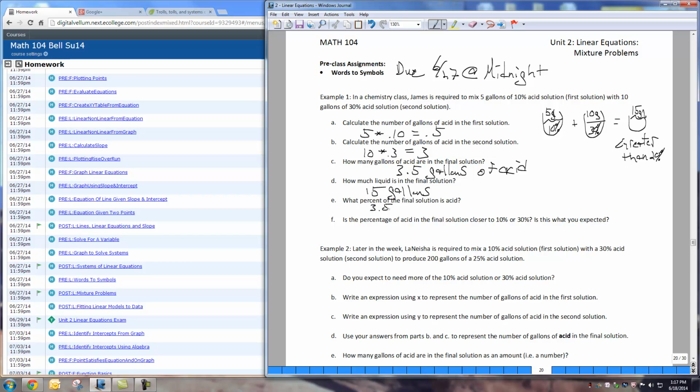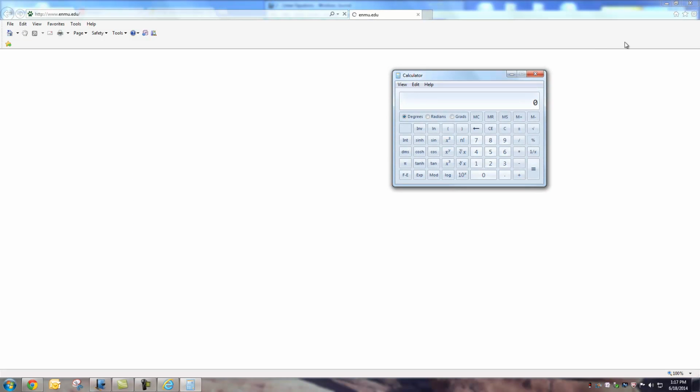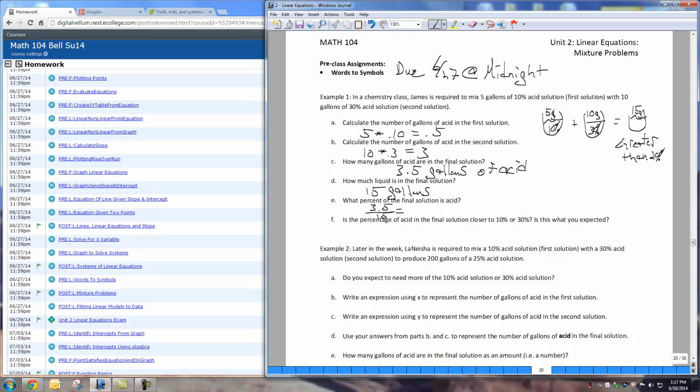Well, the way you do that is 3.5 divided by 15, which equals... Let's do 3.5 divided by 15 equals, that tells me it's 23.3, so about 23% acid, which definitely goes to my thinking that it needs to be closer to 30 than it is to 10, which it is.